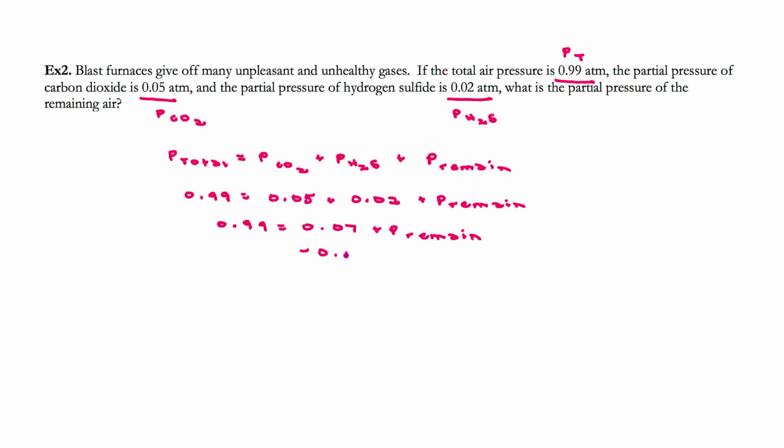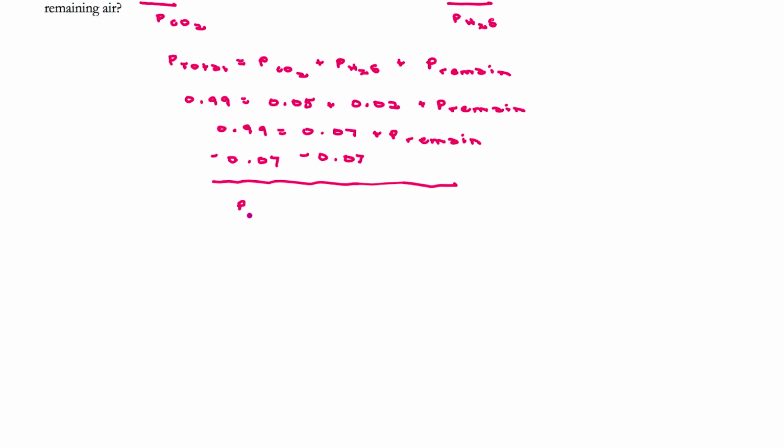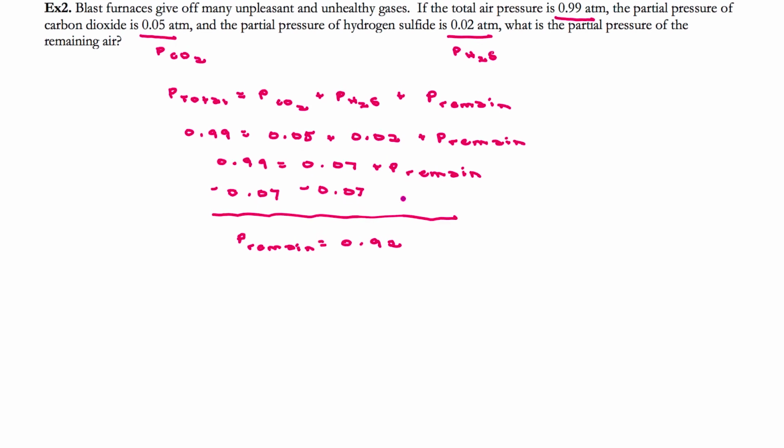So I'm going to subtract 0.07, subtract 0.07. Okay, so my partial pressure of my remaining air equals 0.92. Okay, and my units here were in atmospheres, so my units for my partial pressure will be in atmospheres. And that's it.